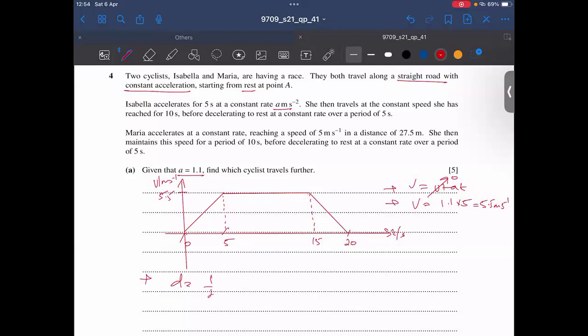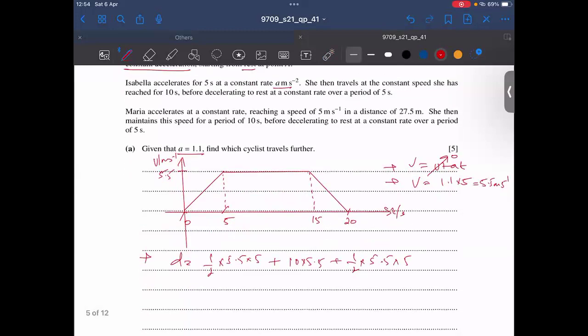It's going to be half times 5.5 times 5, plus 10 into 5.5, which is a rectangular region, then plus half times 5.5 into 5.